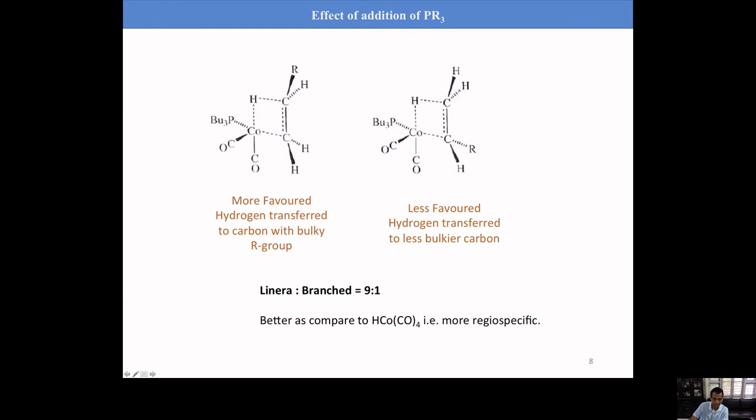Okay, so now you have actually 9:1, from 4:1 to 9:1 selectivity, depending on what R group you are using. With this tributyl phosphine, you have 9:1 selectivity. That is because this hydride adds to this center pretty easily, because this is more of a hydride, a better hydride, I would say, and then the linear or the primary alkyl intermediate forms quite effectively, right?